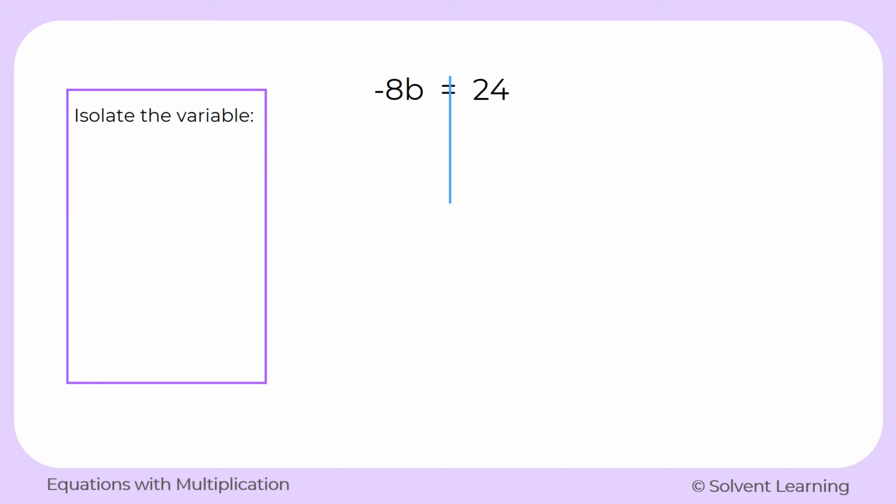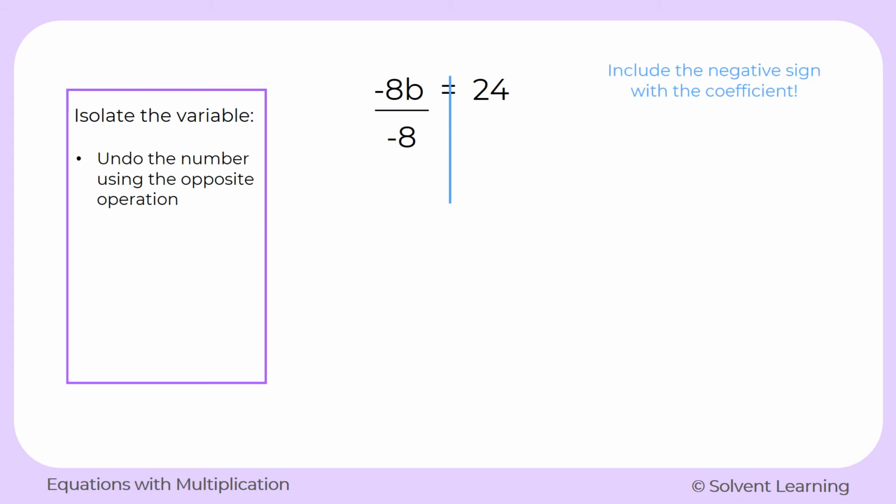Now we can begin to isolate the variable. And as we had mentioned, we have to do the opposite operation. Since -8 is being multiplied by b, we have to divide by -8. Okay? Now, very important to remember. Include that negative sign with the coefficient.